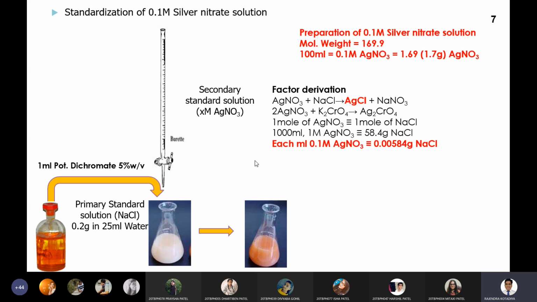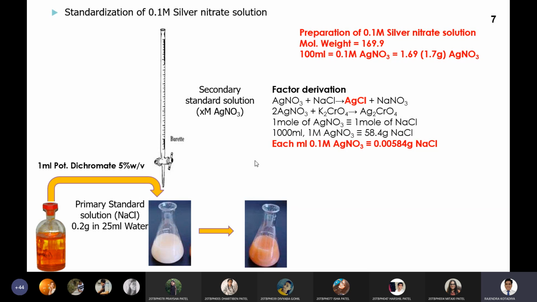Okay, so based on that you have to find out the concentration. How can we do the calculation further from this, can anyone tell me? Sir, for each 1 ml of 0.1.